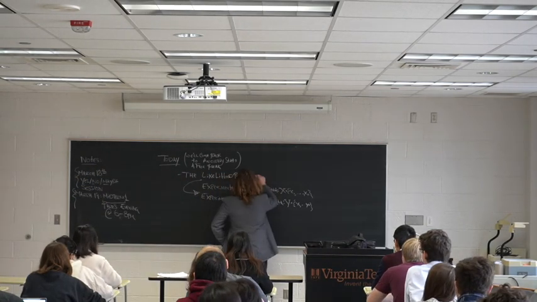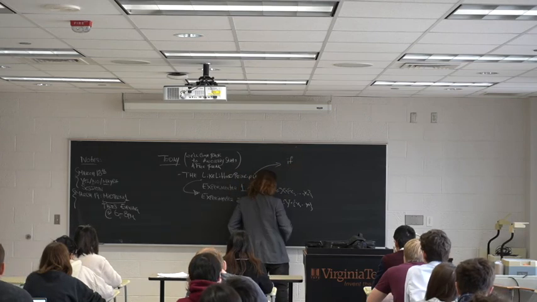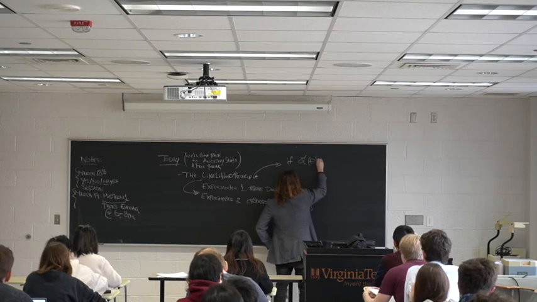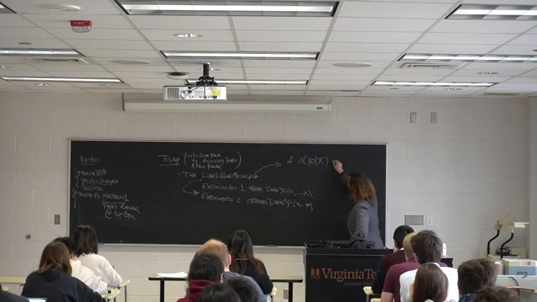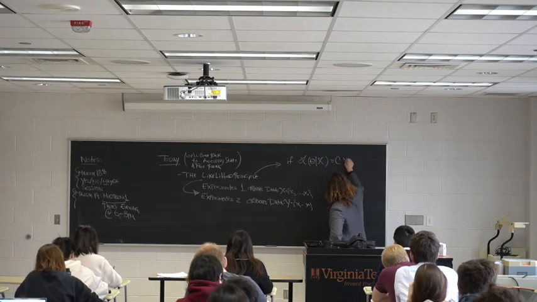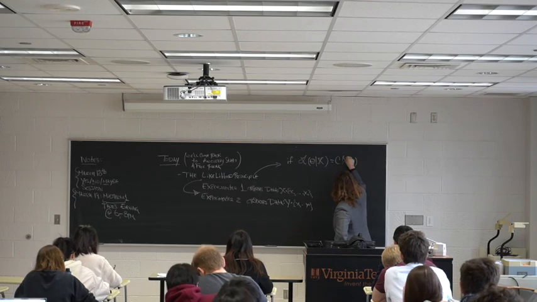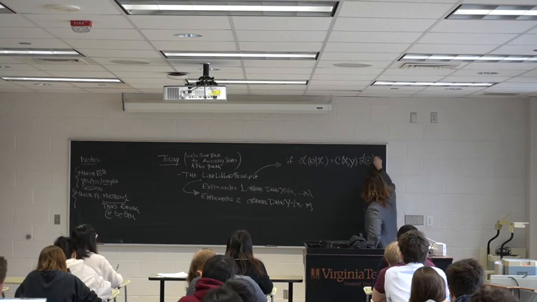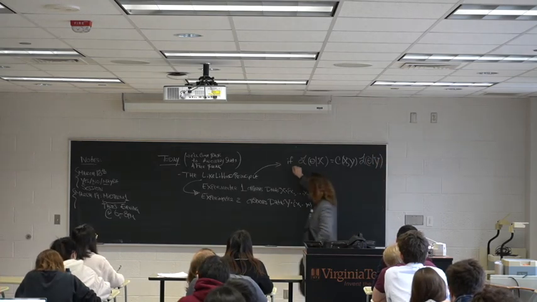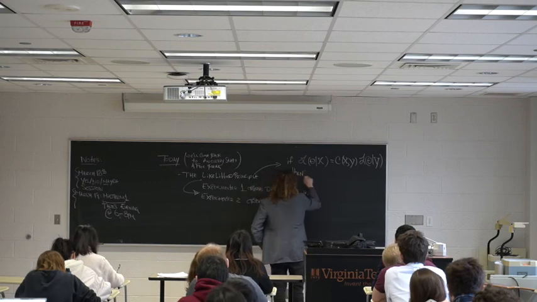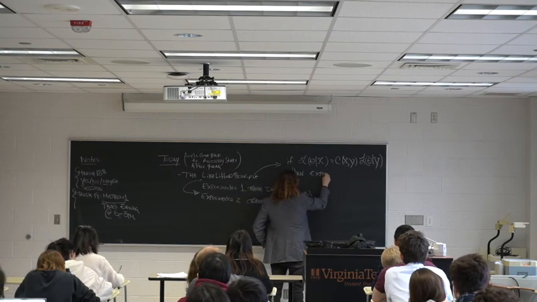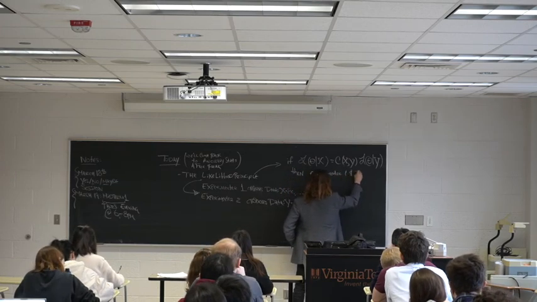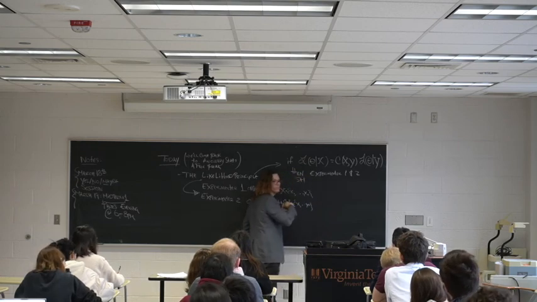So the statement is this. If the likelihood function for experimenter 1 is equal to some constant, which is just a function of x and y, not the parameter itself, times the likelihood for experimenter 2, then experimenter 1 and 2 should make the same inferences about theta.